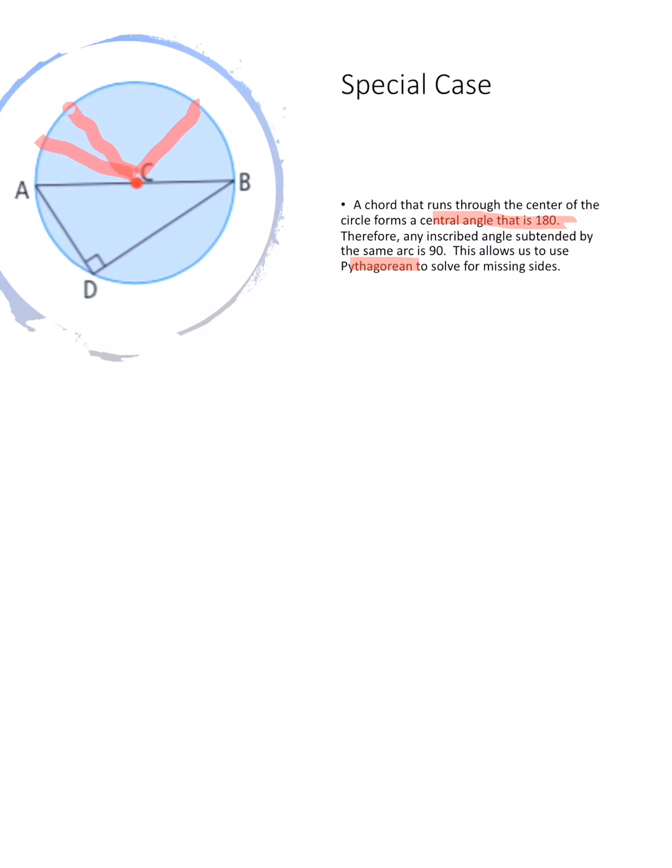And as it gets wider, eventually we get to this central angle, which is just 180 degrees. And then the inscribed angle, remember, goes all the way across, and then that leaves this as 90. So it's a special case that we'll see in the textbook, and when you know that's 90, you can use Pythagorean and solve for some missing sides.